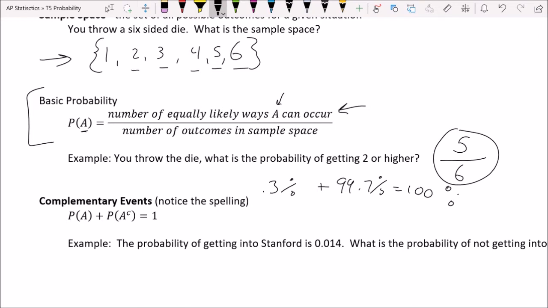That's how I got that 99.7 in the previous video. That's what a complementary event is. It's the probability of A not happening. And so the probability of it happening plus the probability of it not happening is 1.